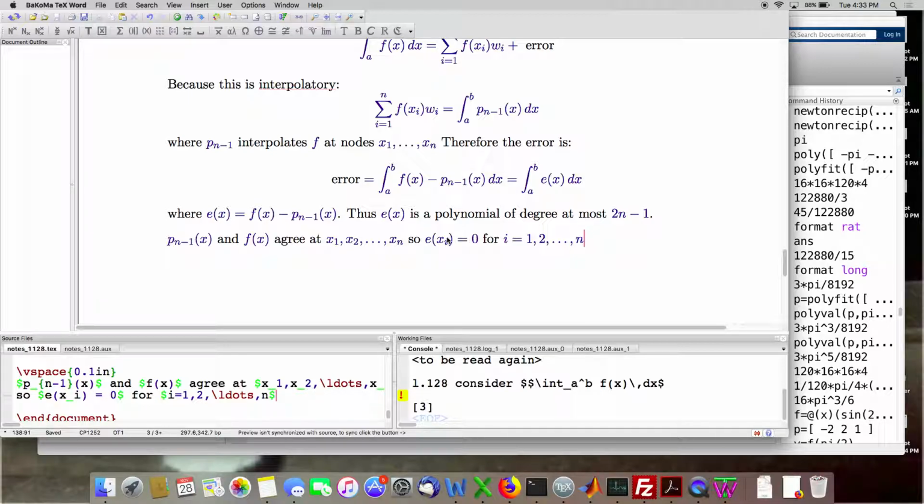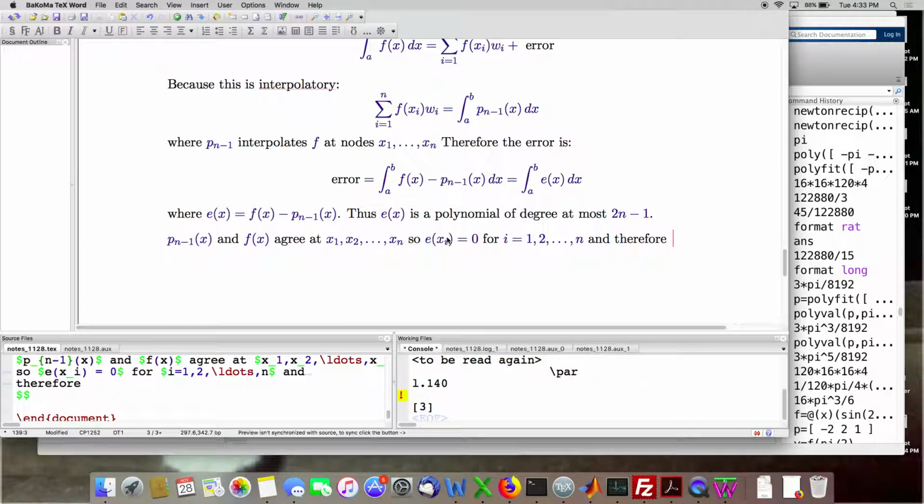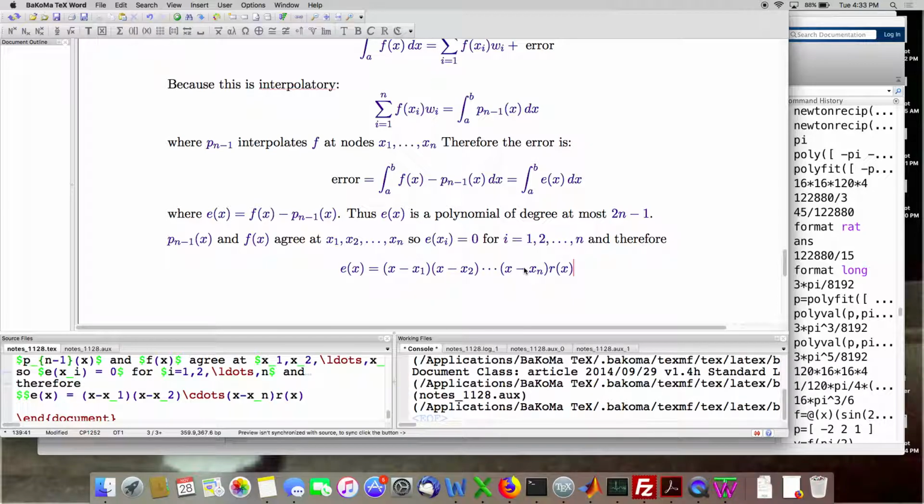That means we can factor them out. So I can say that e of x is the part of a factorization with these n roots. Now, this polynomial has degree 2n minus 1. We have n factors here, and then we have something left over. I'm going to call it r of x.